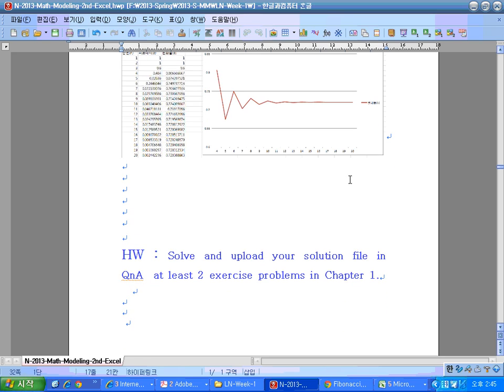We can easily guess, and we can check our guess was right by seeing those. After we see it, now we have a conjecture.